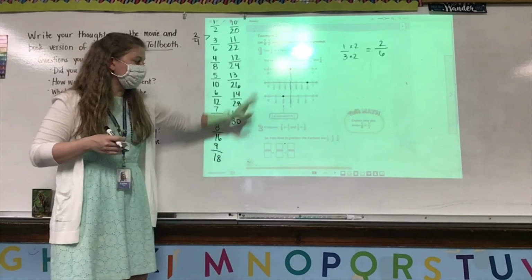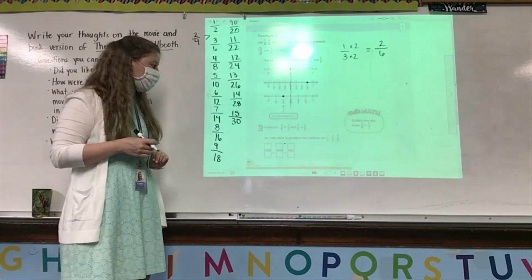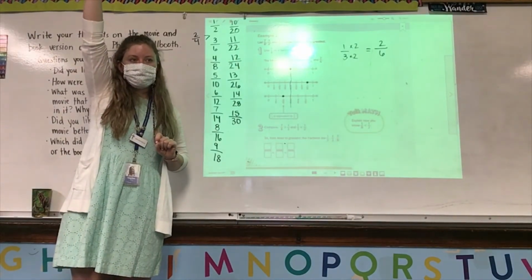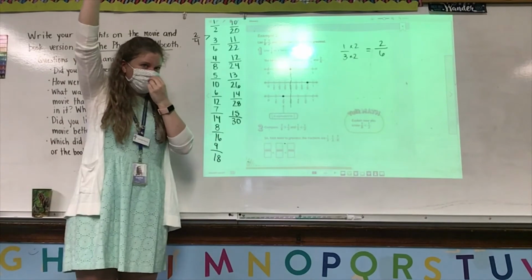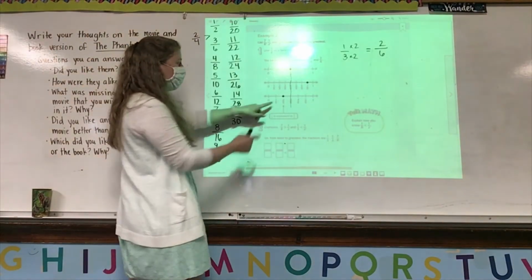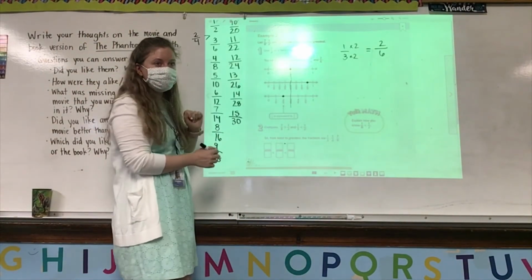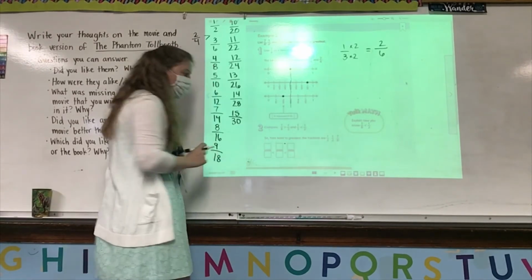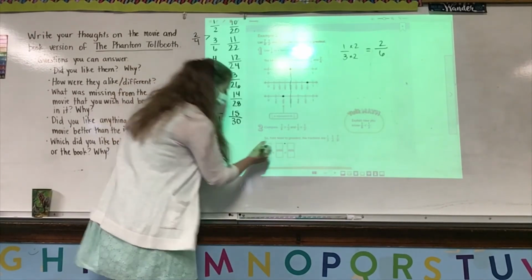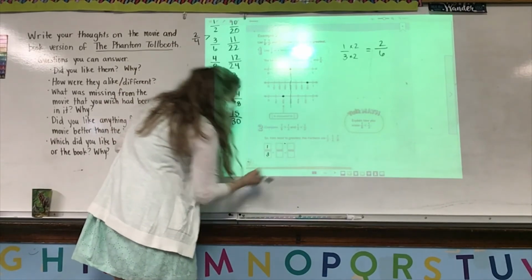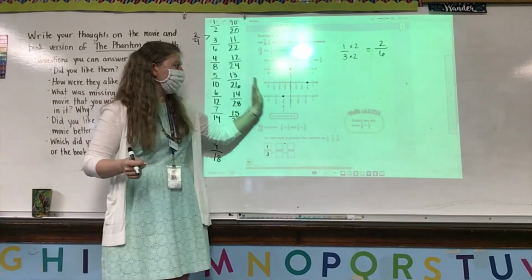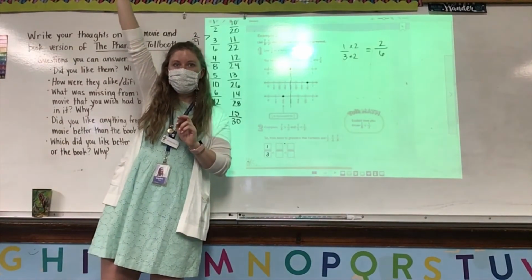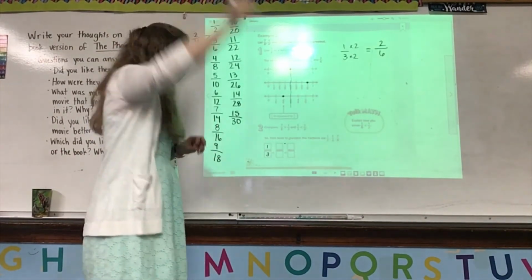So let's look. Which fraction is furthest to the left? 2/6. But do we have 2/6 up here? No. But we know 2/6 is equivalent to 1/3, so what's our least fraction? 1/3. And then if we keep going to the right, what fraction comes next? 1/2.